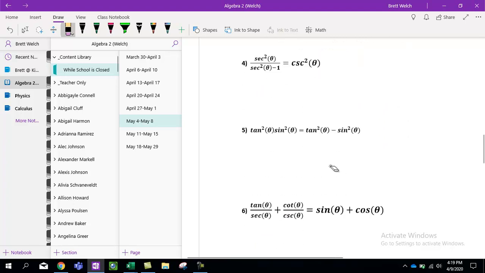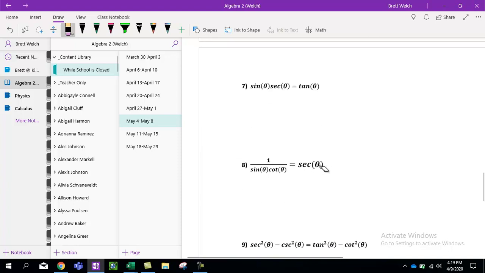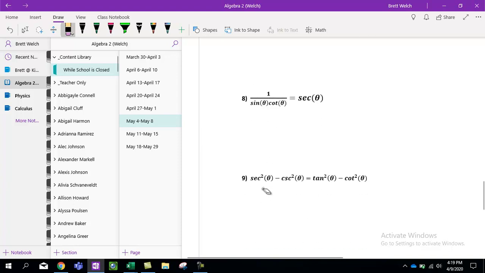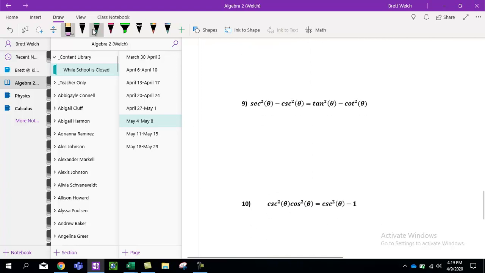Let's look at one more example. Let's take a look at number 10. Number 10 is as good as any. All right. When we look at 10 here, this has cosecant squared, cosine squared.